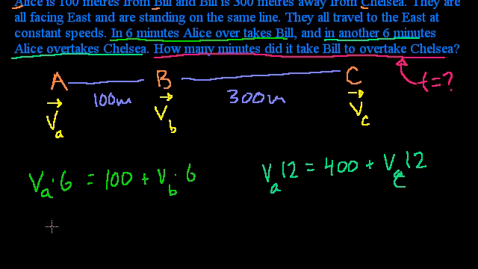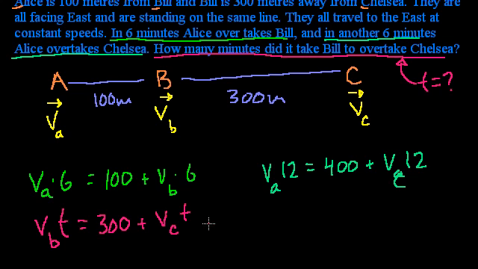So that tells us that the velocity of Bill times this time is going to be equal to, for him to overtake Chelsea, he has to travel 300 meters more than her in that same amount of time. So he has to go 300 meters more than how far Chelsea travels in that time. So that's what this is. And then we essentially are just trying to solve for this time.